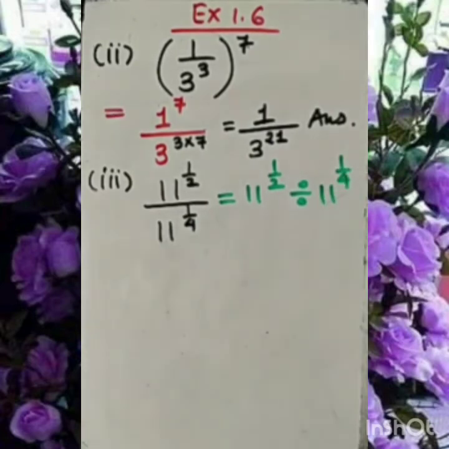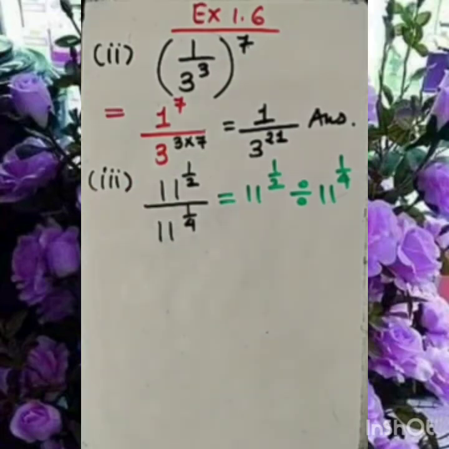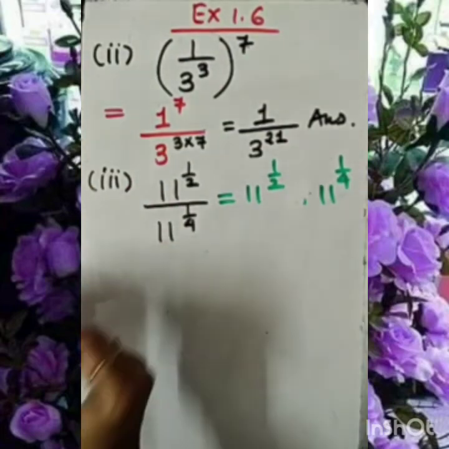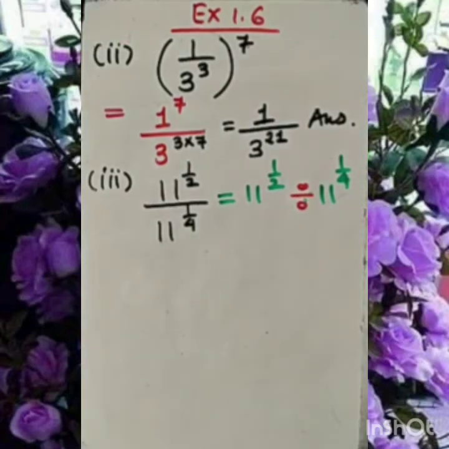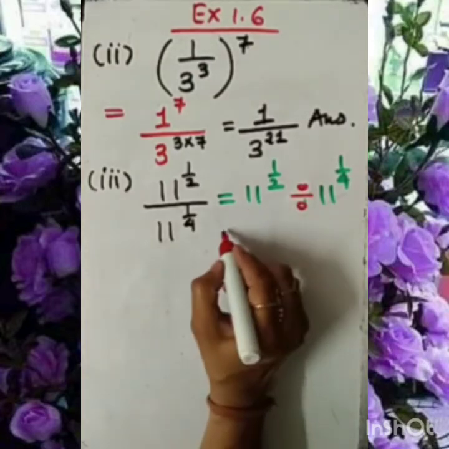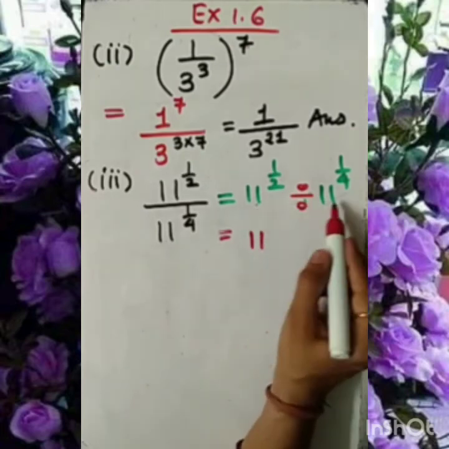Agree? Because the relation between numerator and denominator is divide. I am mentioning it with this marker so it will be easy for you to understand. As we know the law of exponent, we need to apply it with base similar. What is the base? 11. Base similar and divide between them.